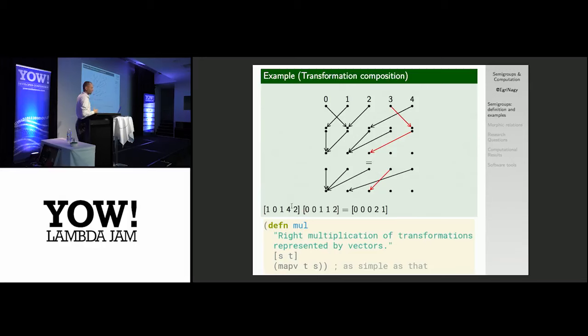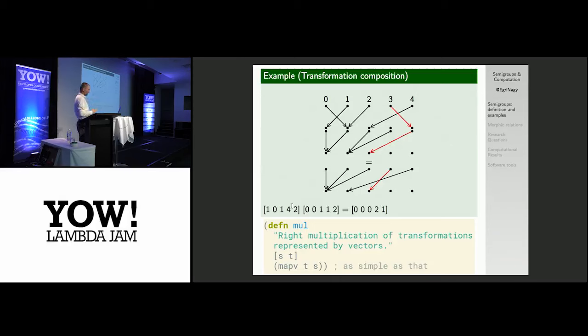Well, okay, this talk is sort of code light, but this was quite a happy coincidence when I thought, okay, let's implement this transformation composition in Clojure. And it turns out that in Clojure, you have the vector, which is just an indexed sequence. And that thing behaves as a function as well.